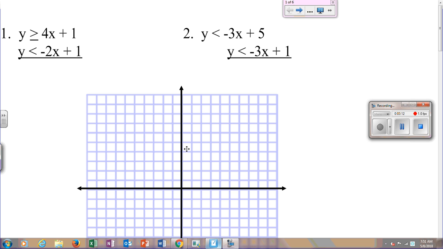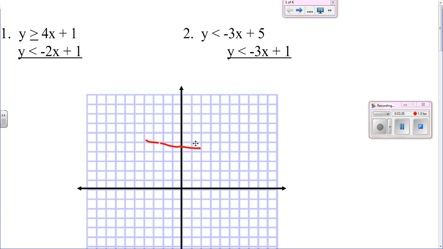Okay, number 2, start by going up 5. Then you make a dot at 5. Then you go down 3 and over 1.